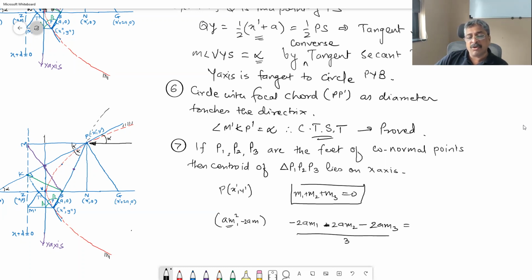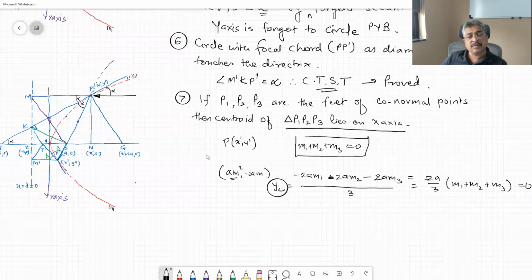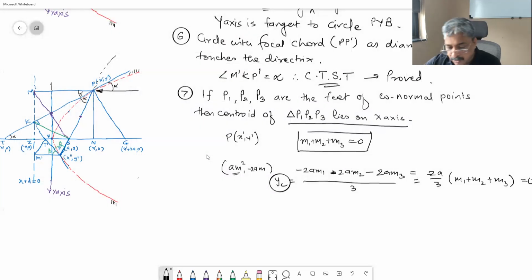So y coordinate of centroid is equal to minus 2a upon 3 times m1 plus m2 plus m3, which is supposed to be 0. Therefore, y coordinate of centroid is 0, and hence centroid of triangle P1, P2, P3 lies on x-axis. Is it okay?